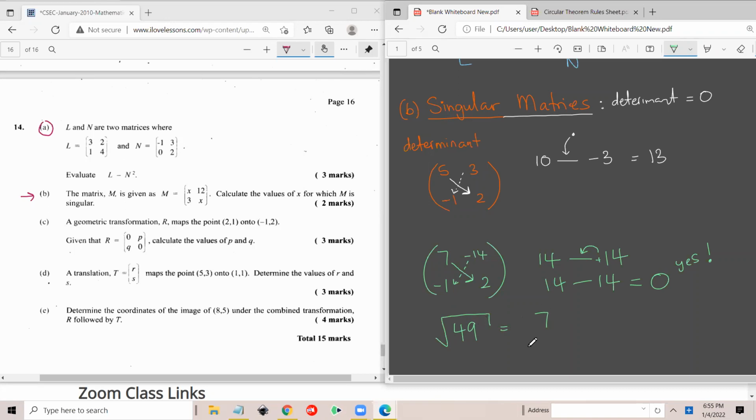It's 7 and minus 7 at the same time. It's just that when you square root something, your calculator only gives you one answer, the positive answer. You have to know there's a second answer, which is negative. So that means the square root of 25 is actually positive 5 and minus 5 at the same point in time.